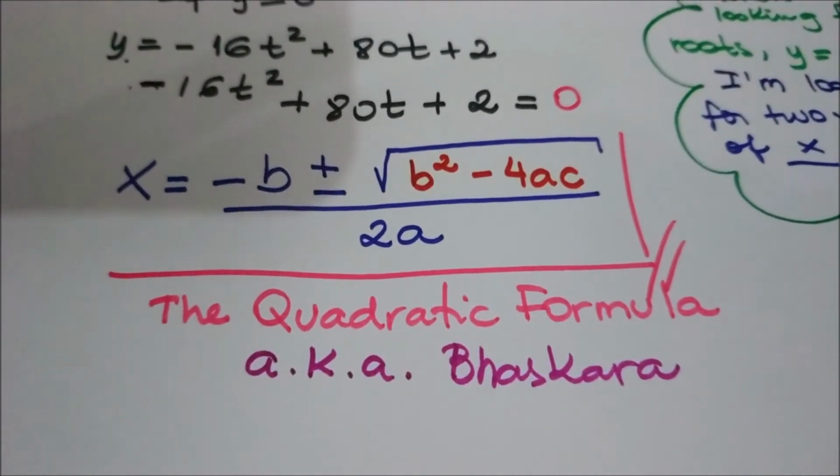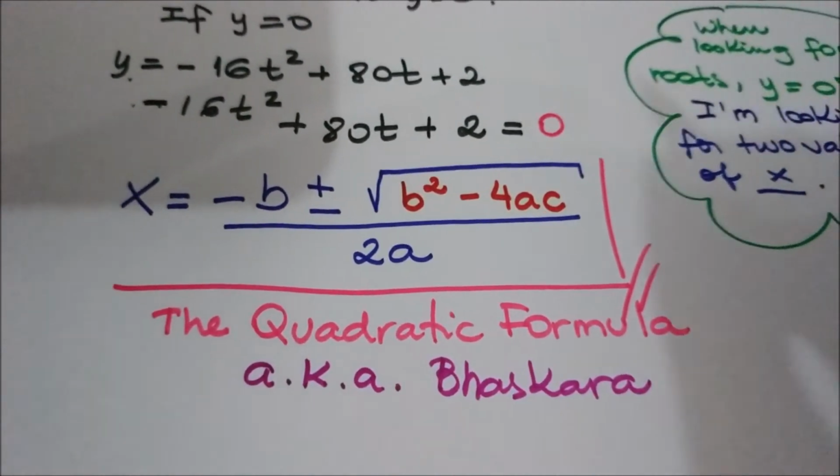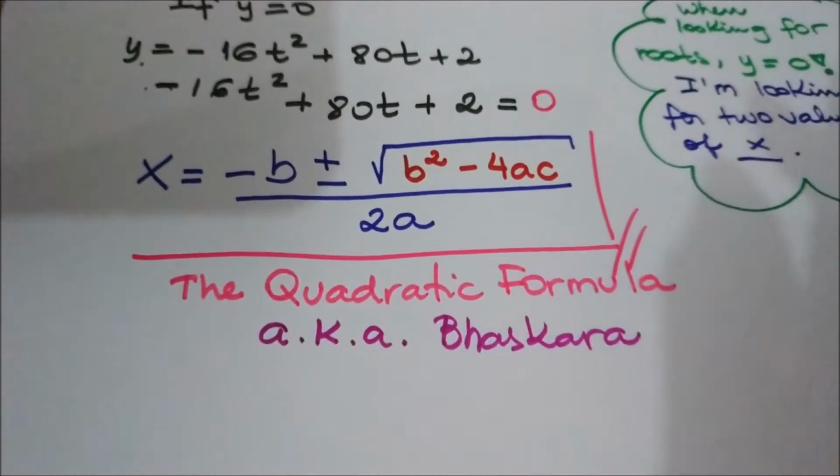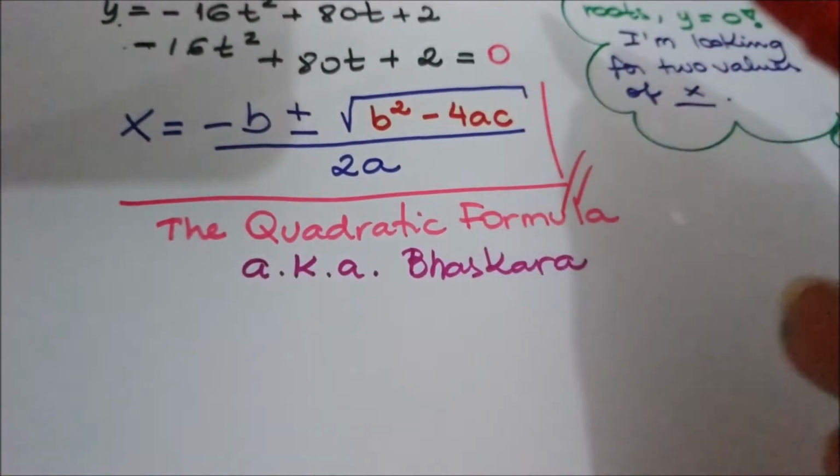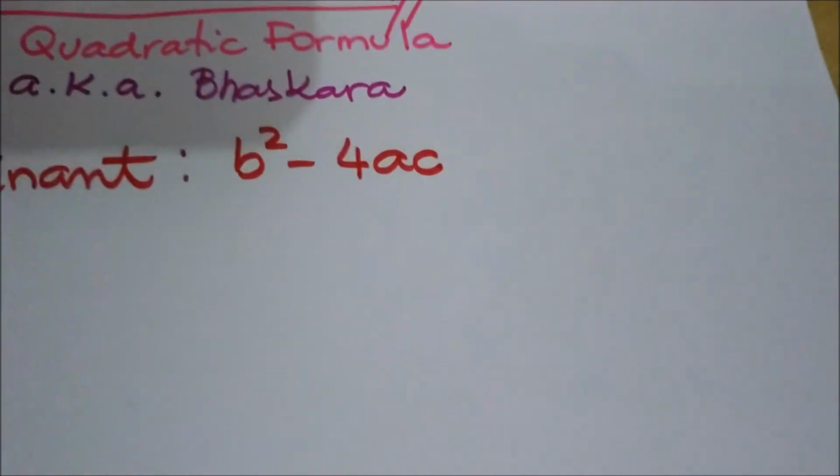Oh my God, miss. Do I have to memorize that? Yes, you do. However, there is an easier way of writing it. Do you see this part in red? We call this part in red the discriminant. Okay? The discriminant is this little part, b squared minus 4ac.